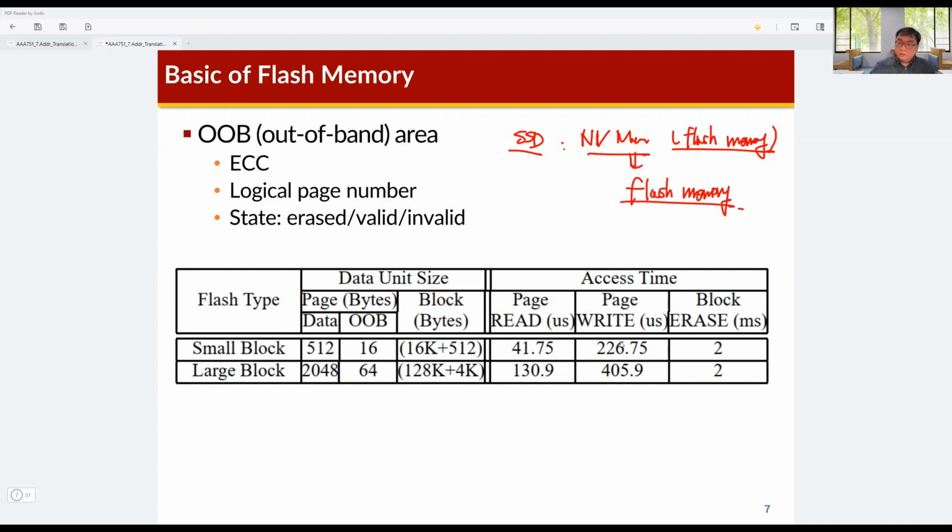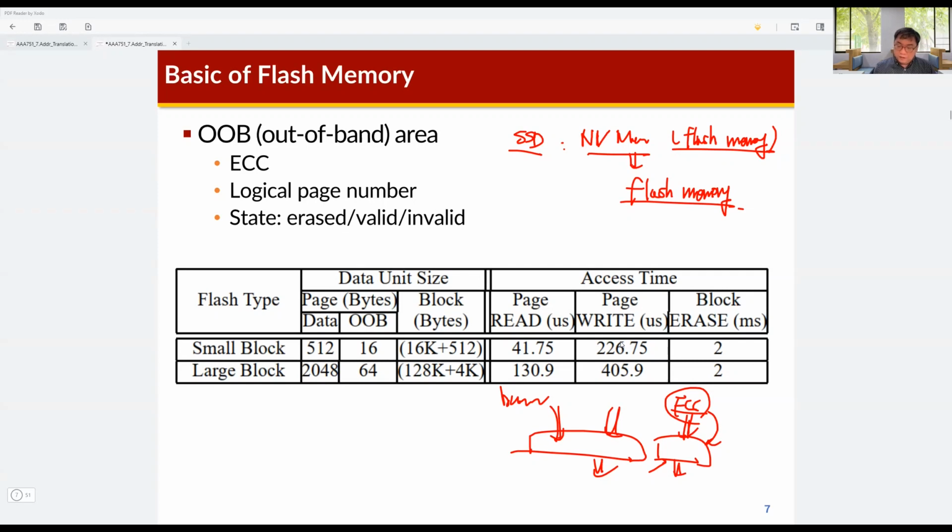So when I explained about the feature of the flash memory, then I also explained about some additional ECC area inside of a flash page. So flash page is composed of data area and ECC area. This ECC area stores the additional parity bits for error corrections, and then data is stored in this data area of a flash page.